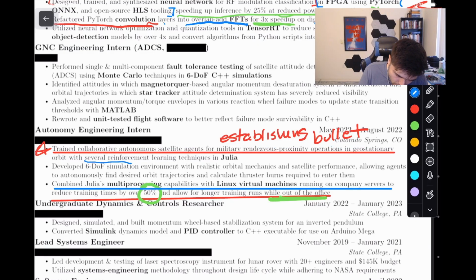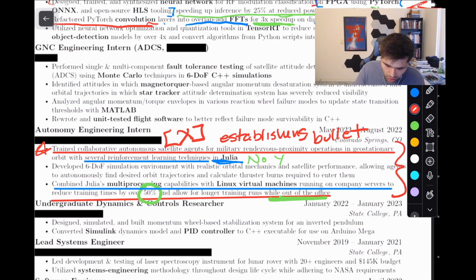I suppose several reinforcement learning techniques is technically your Z, and the Julia here is Z, but then there's no Y. My point is, this bullet establishes a really strong, capital X here, for the rest of the bullets to leverage off of. While I am saying each bullet should contain a full story, even that is just a guideline that can be violated selectively to make your resume flow a little bit better.